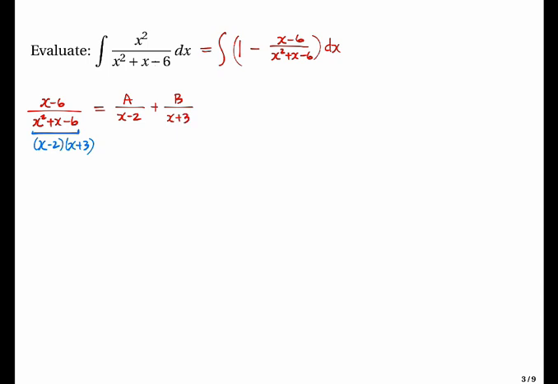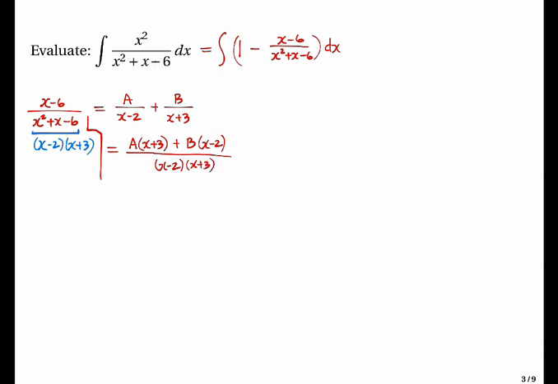And as before, we combine into a single rational expression again. We will have A times (x + 3) plus B times (x - 2), and then divided by (x - 2)(x + 3).